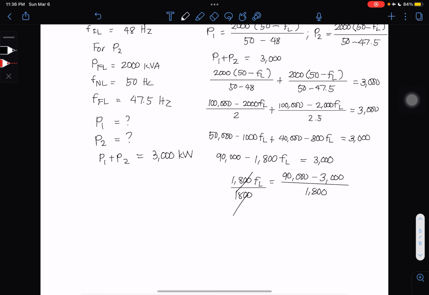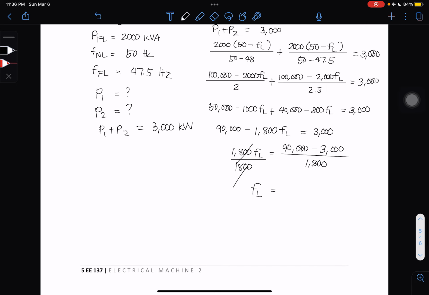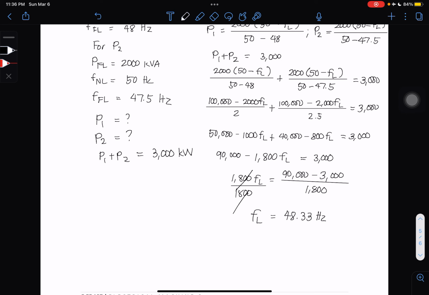Ang mabilin FL, FL is the frequency at a certain load. So FL is equal to 48.33 Hz.